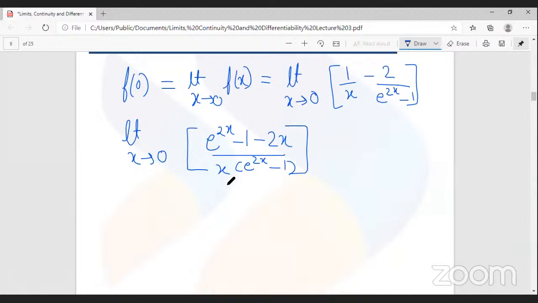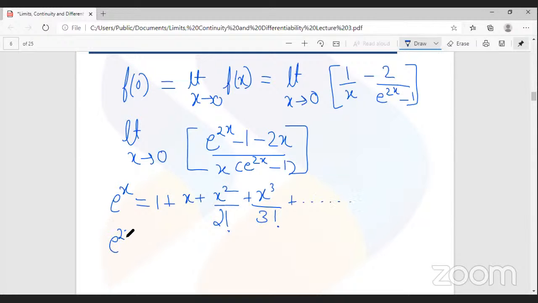Now you can proceed with L'Hospital, but in last class, one of you asked whether we can use the expansion. So today we'll try expansion. So what is the expansion of e raised to the power x? 1 plus x plus x square upon 2 factorial plus x cube upon 3 factorial and so on.